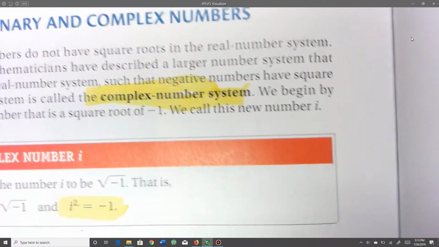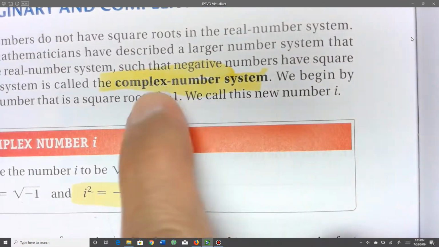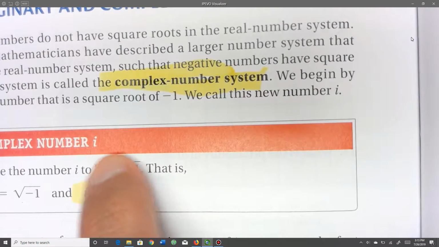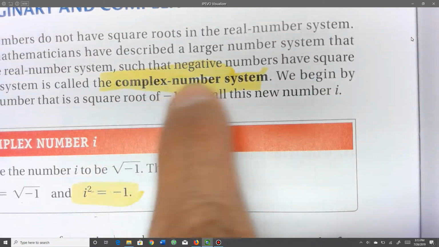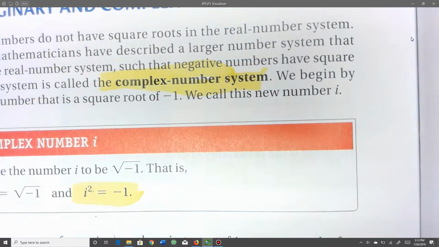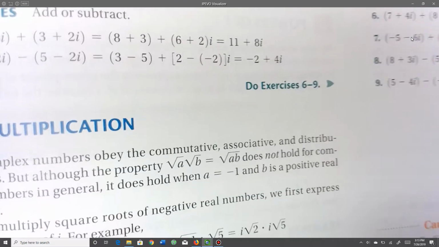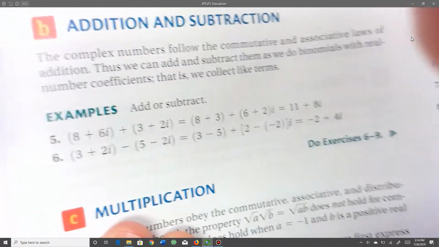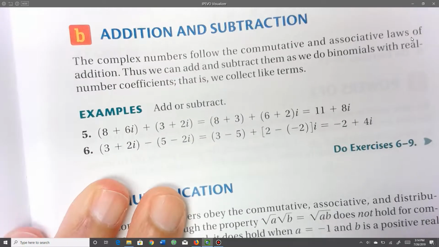If not, that's because of the i. If you can remember this, that would be nice. Whenever you use imaginary numbers, you're using the complex number system. I'm not going to test you on it, but that would be nice to know.